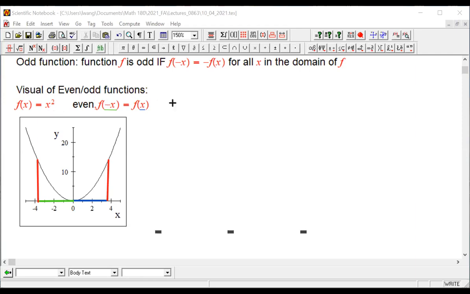This is true for any inputs in the domain.